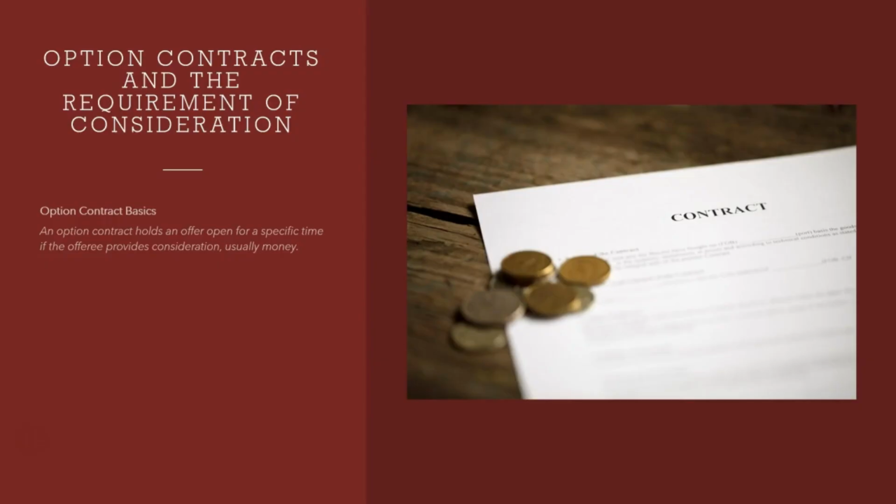So they have an option contract with the dealer for a specific period of time, and the $100 or whatever is provided to the dealership is what creates that specific option with a specific period of time.